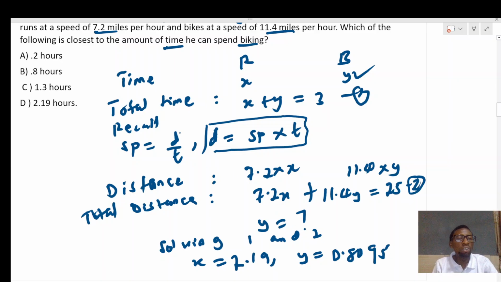Since I'm looking for the time for biking, and our time for biking is y, here's my answer. So that's 0.8 hours.